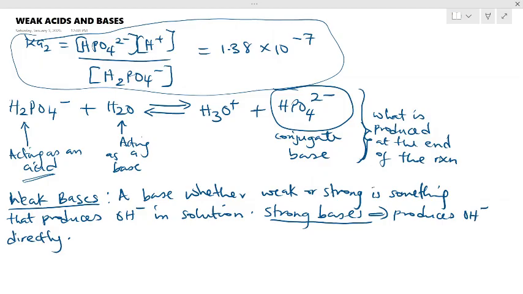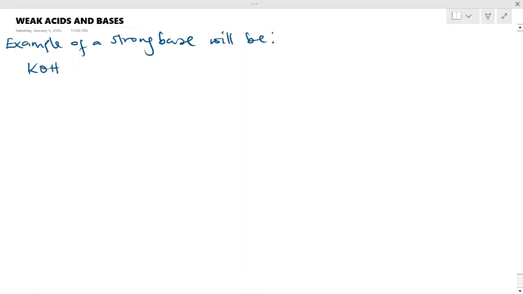In the next slide, we'll look at an example of a strong base. So let me take the next slide. An example of a strong base will be potassium hydroxide.